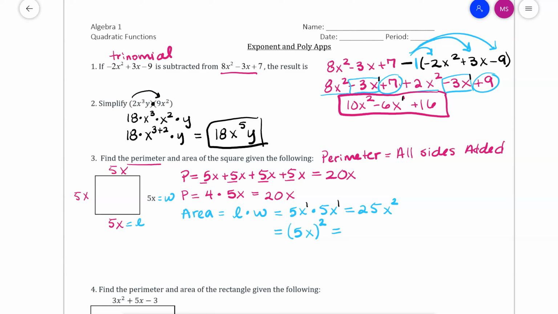So when you have a quantity raised to the second power, you distribute that squared. So really you're going to do 5 squared times x squared. That gives you the same answer, 25x squared. So whichever way you want to do it, your answer is still going to be 25x squared.